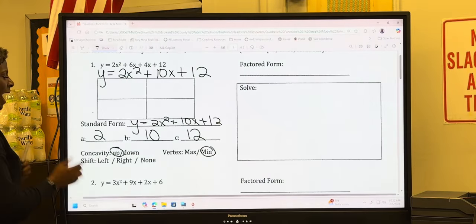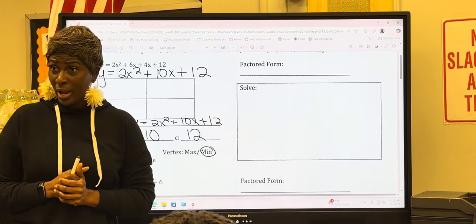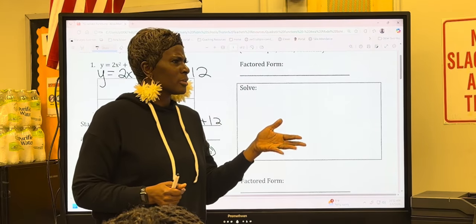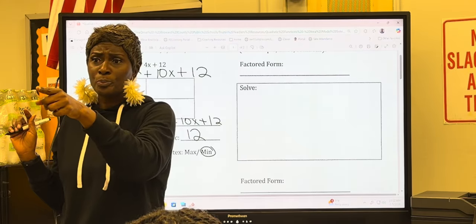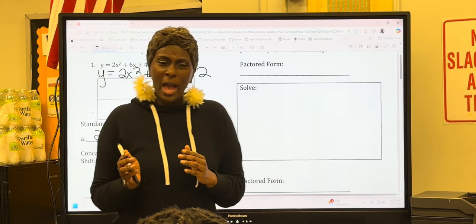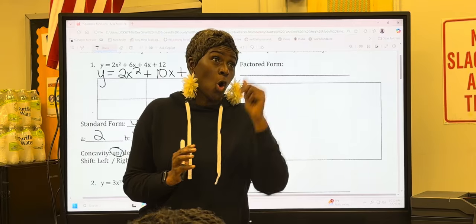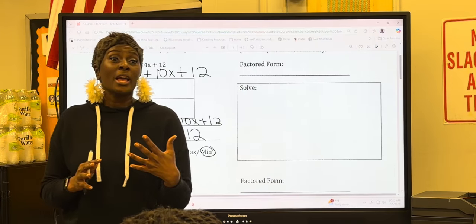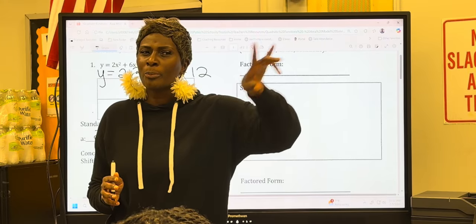Now, the other thing that we talked about was our shift. How do we determine the shift? Anybody remember? It's in your notes. How do we determine if we're shifting left or shifting right? Positive would be left, negative would be right.